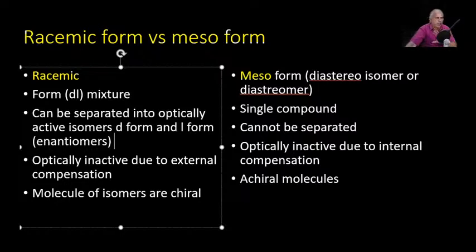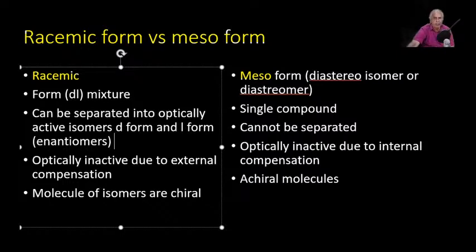Enantiomers generally are identical in all physical properties, in all properties generally, except the sign of rotation. Okay, take down. So what are enantiomers? Enantiomers are the optical isomers with all properties equal except the sign of optical rotation.